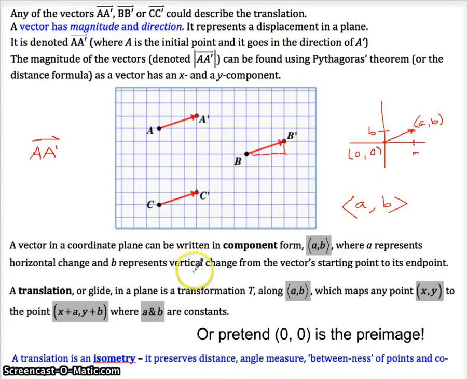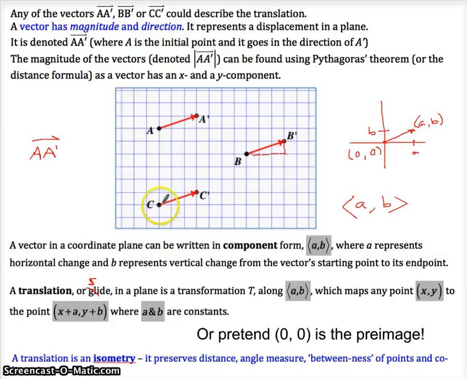It's another way to think about the definition of that. A translation or slide, in a plane is a transformation T along vector A, comma B, which maps any point xy to the point x plus A, y plus B, where A and B are constants.